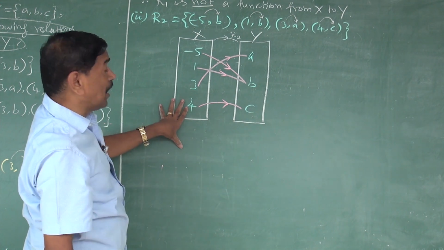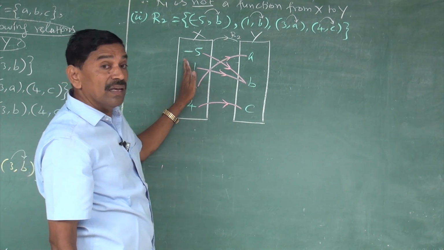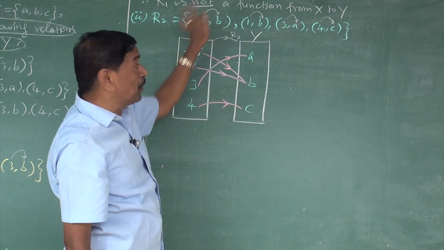Therefore, each element in X has a unique image in Y. Therefore, R2 is a function from X to Y.